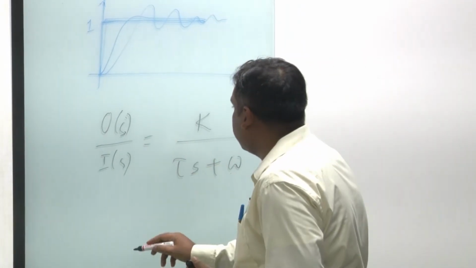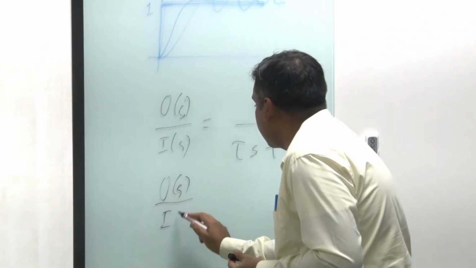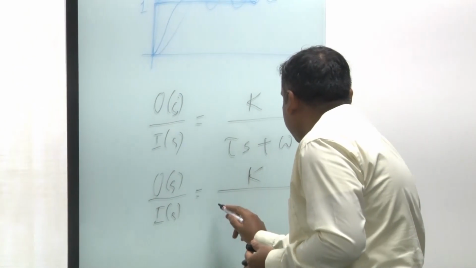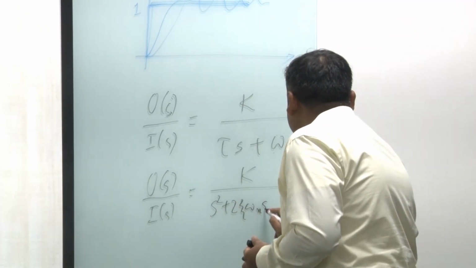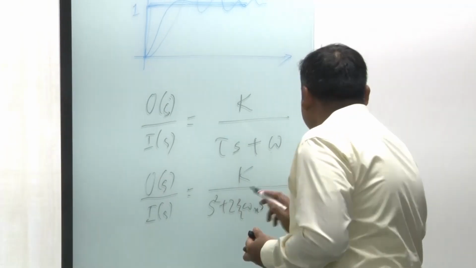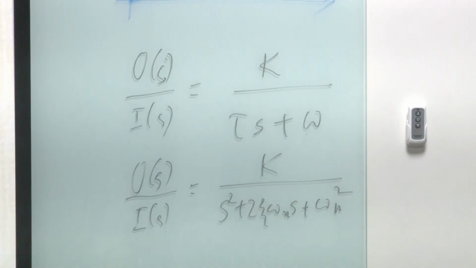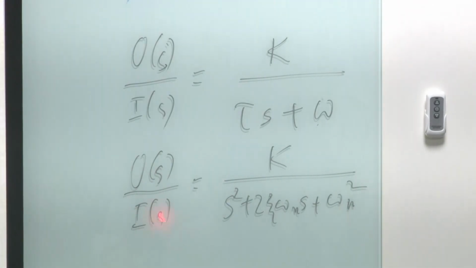And for the second order system, you will get it to be of a different form. So, this will be the transfer function for a first order system and this will be the transfer function for a second order system.